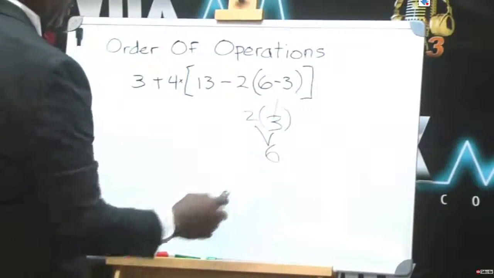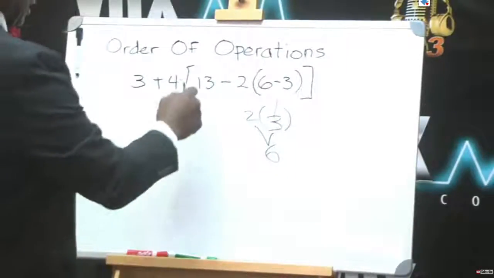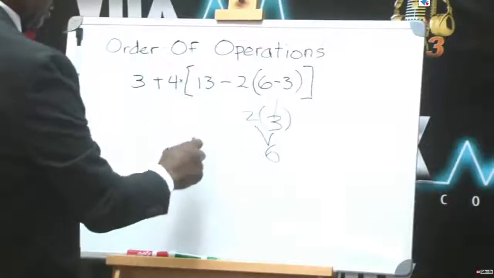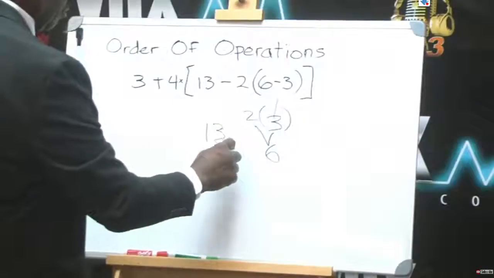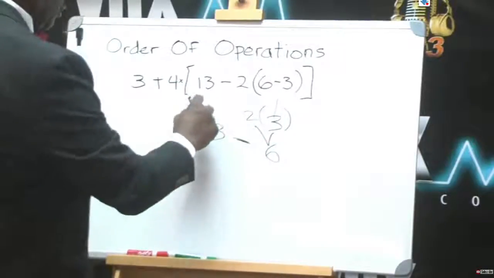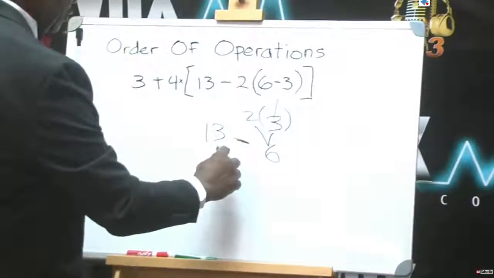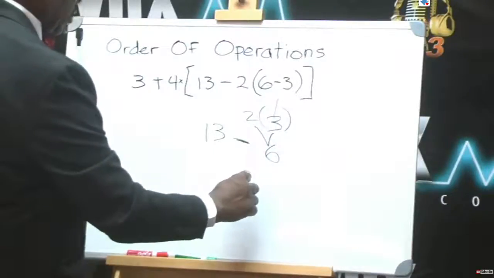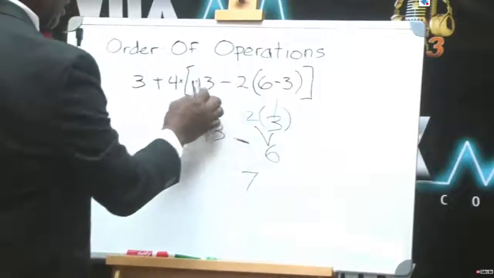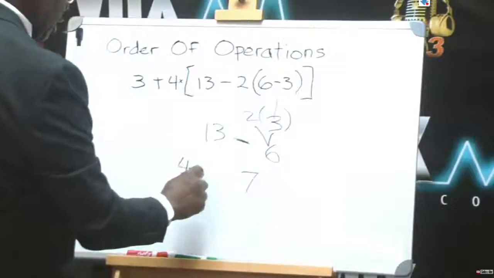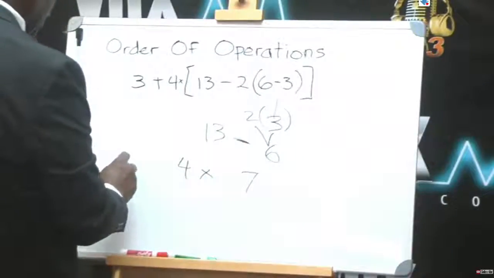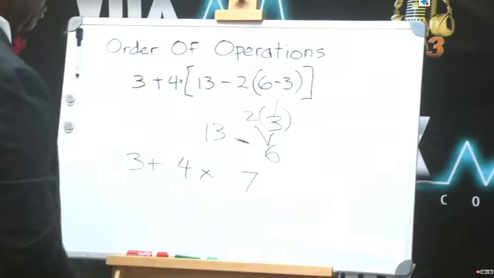So we got 6. Now, inside the brackets, we've got 13 minus 6. So right here and now, 13 minus 6 is 7. We've taken care of everything that's inside this bracket, and we're left with 4 times 7, and out here plus 3.